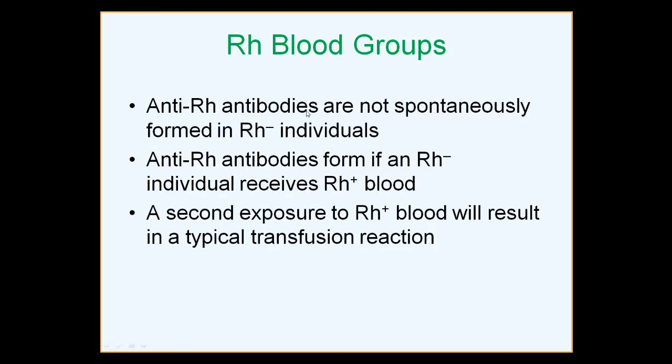pregnancy. So that is one of the major reasons we really focus on the RH and how it became really important, because like I said, the RH antigen you can be exposed to once, but the second exposure can be fatal, and that is true if you are taking a blood transfusion.